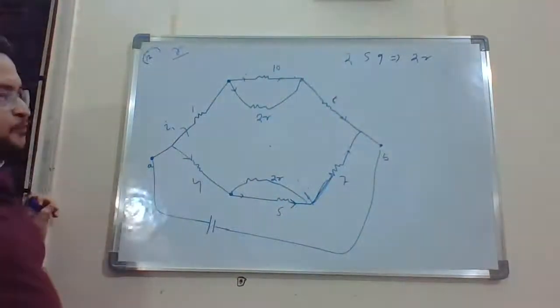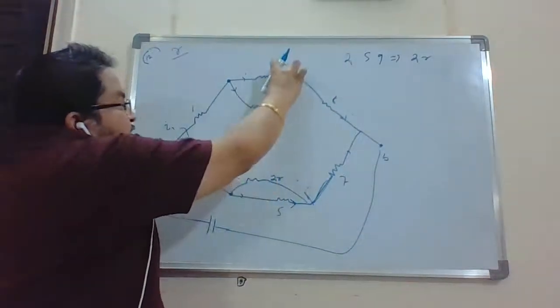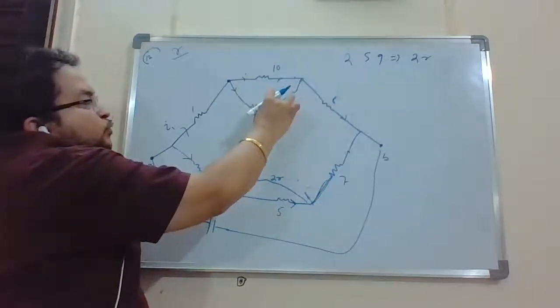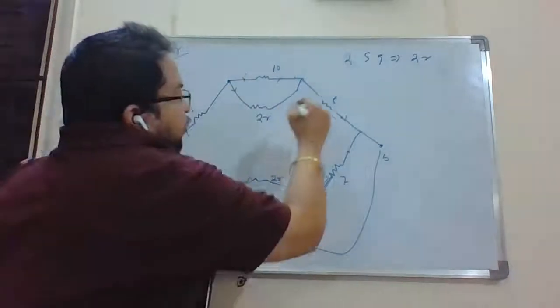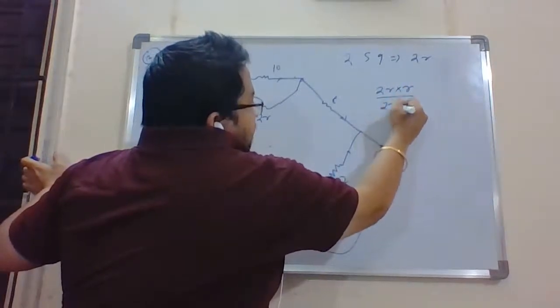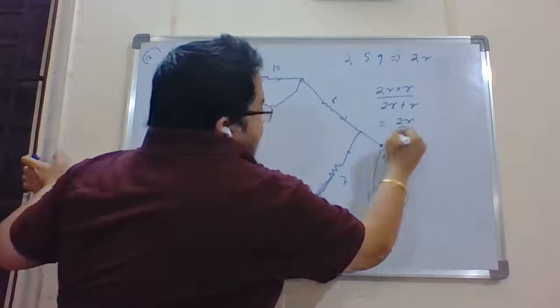Now if you see, this 2R is in parallel with resistance number 10 because taking these two, I can complete a loop. This is a happily married couple, so they are in parallel. So 2R into R by 2R plus R, that is nothing but 2R by 3.